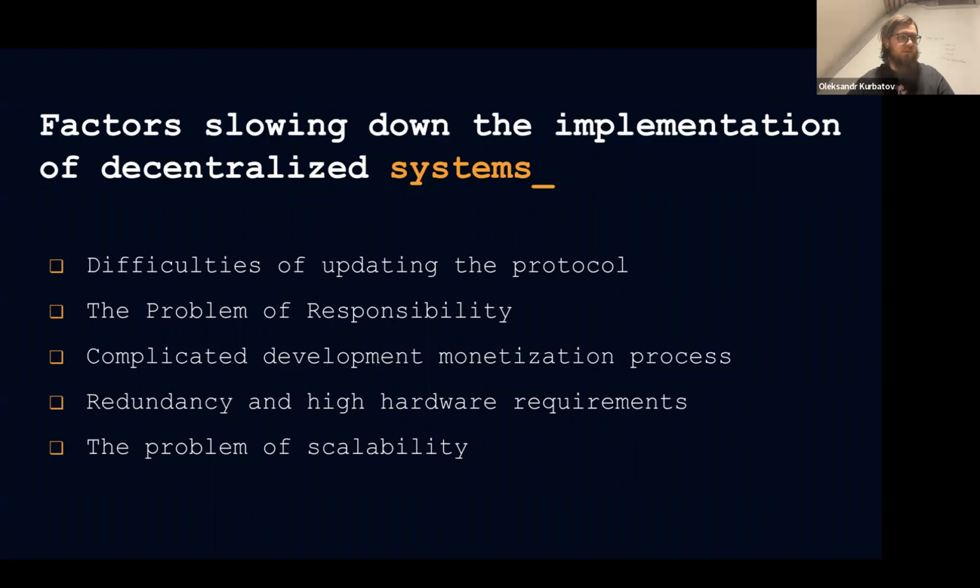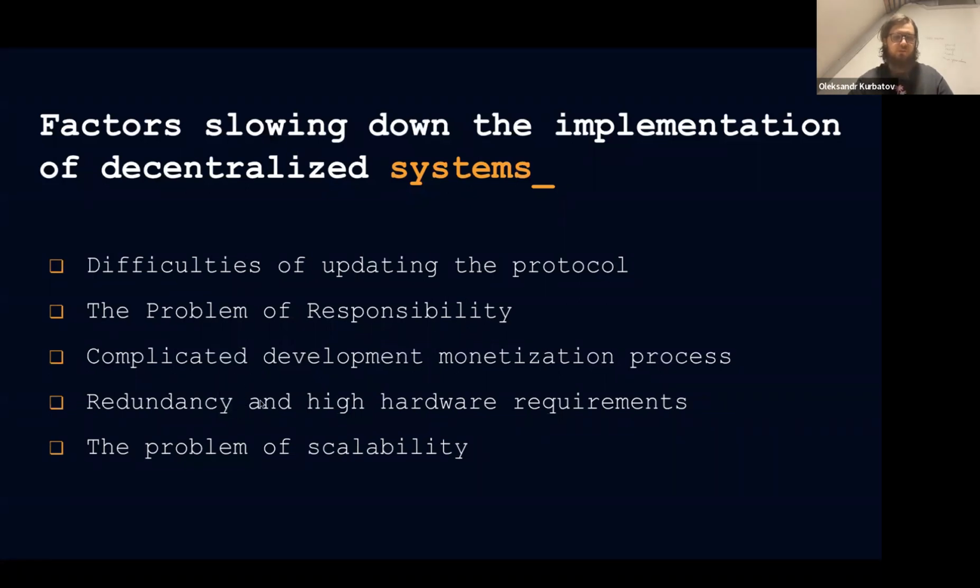But in a decentralized system, this kind of donation is absent, and only enthusiasts and geeks can provide the opportunity to make something possible.